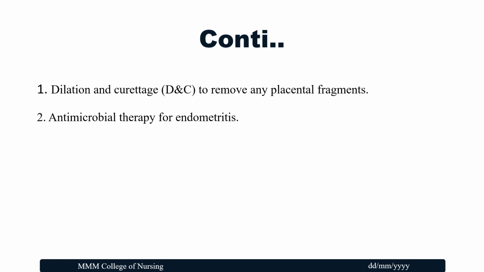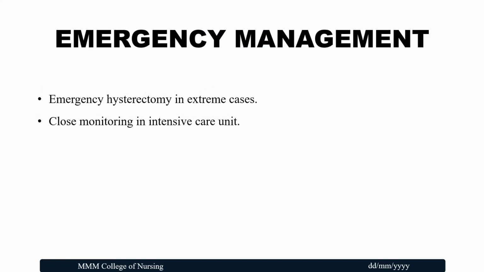Dilatation and curettage to remove any placental fragments, and antimicrobial therapy for endometritis. For the emergency management, emergency hysterectomy, that is a surgical removal of the uterus, in extreme cases. After the hysterectomy, we have to closely monitor the patient in an intensive care unit for a few days.